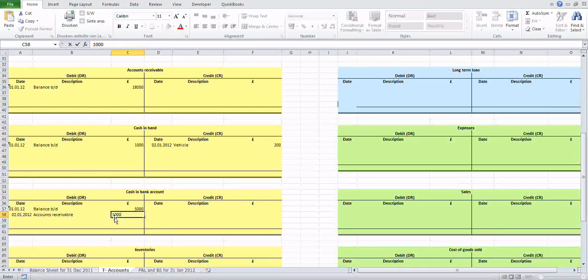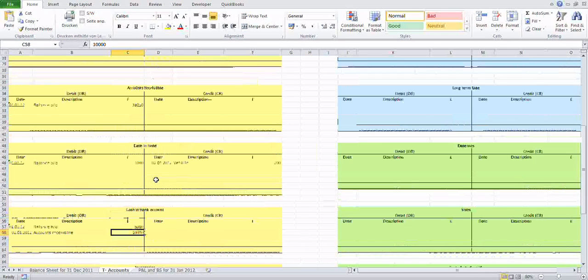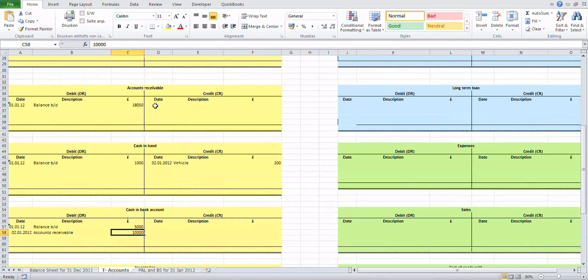We receive 10,000. And on the other side, the accounts receivable are decreasing in value. Their balance is decreasing. I'll explain in a minute what that means.